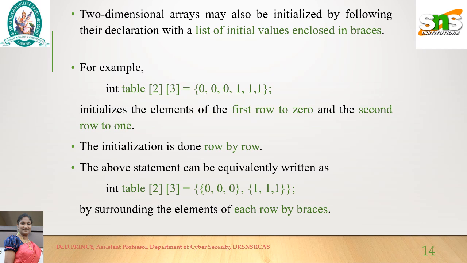The row is 2 and the column is 3. Totally we have 6 elements. If I am assigning 6 elements using the curly braces, the first 3 elements are assigned in the first row columns. The second 3 elements are assigned in the second row columns. We can also separate it by row. It is separated with row curly braces.